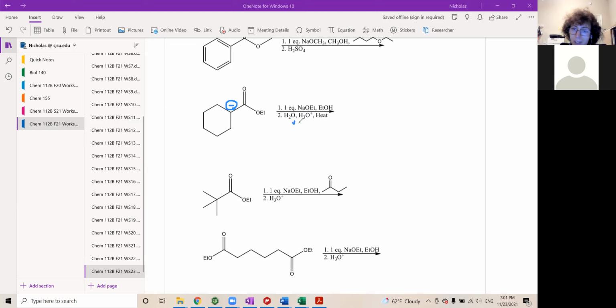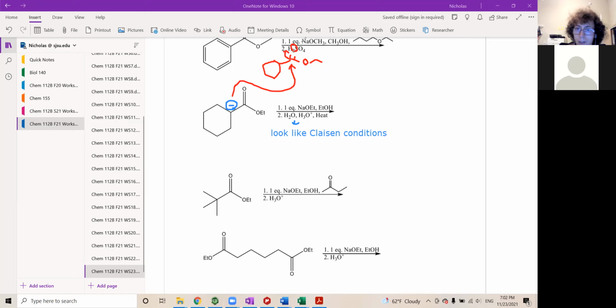If you saw that on a test, you could start with that. You could just draw the product from a Claisen reaction. So we form an enolate, and then we have another carbonyl.